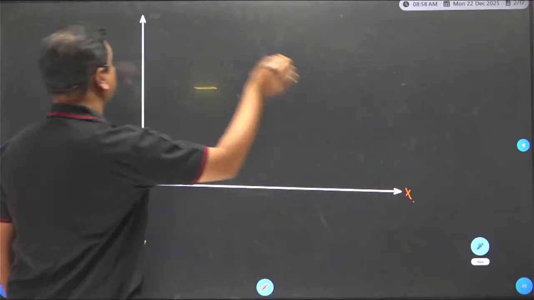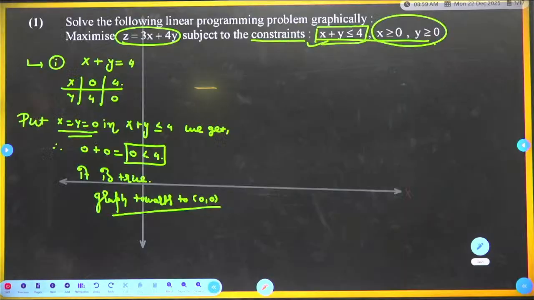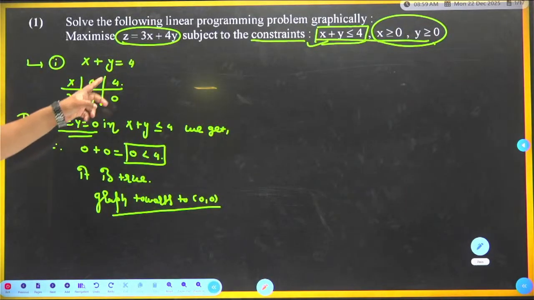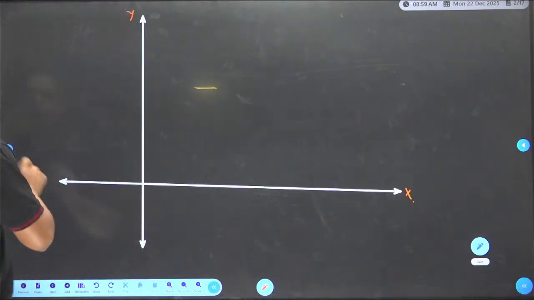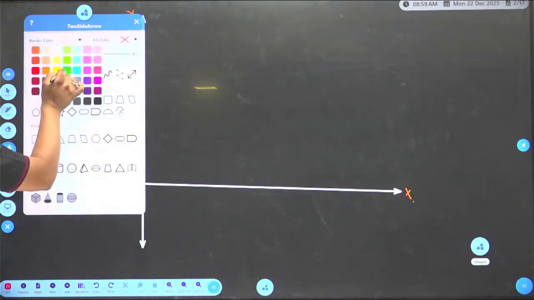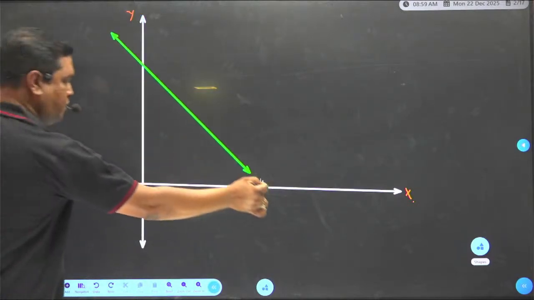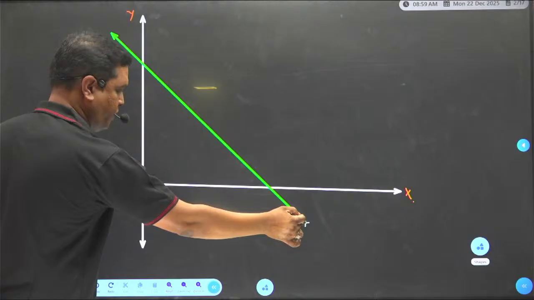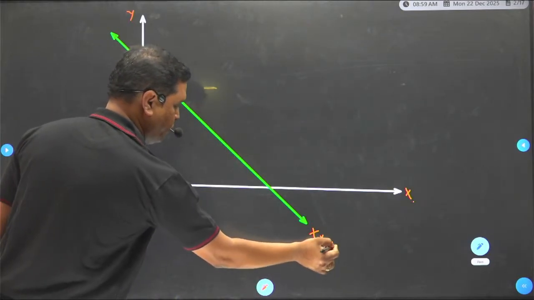Now the points of the graph of x plus y equal to 4 are 4, 4 somewhere over here. Let me consider this one as the graph of x plus y equal to 4.